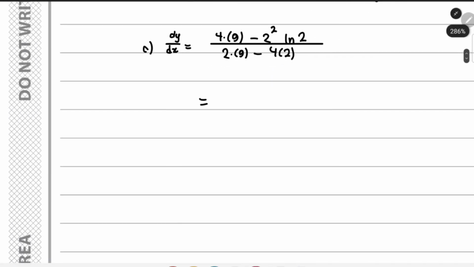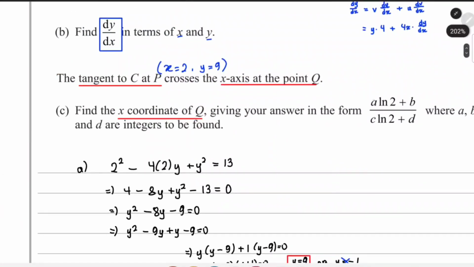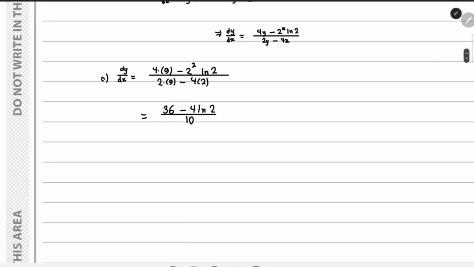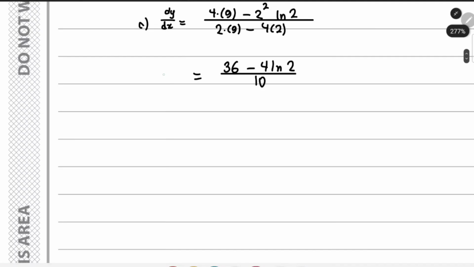So the gradient at this point will be 36 minus 4 ln 2 divided by 2 times 9 minus 8, so 10. And I'll leave this because I want to find the value in the exact form as we are given in this question. Now that's just the gradient of the tangent.